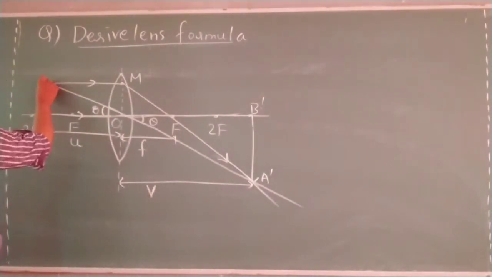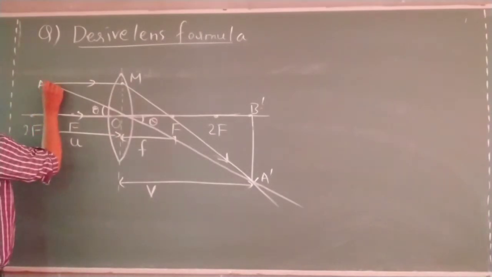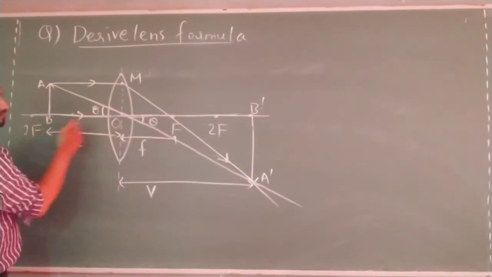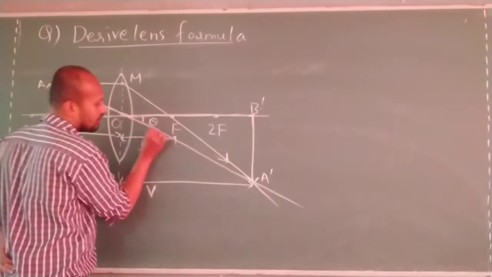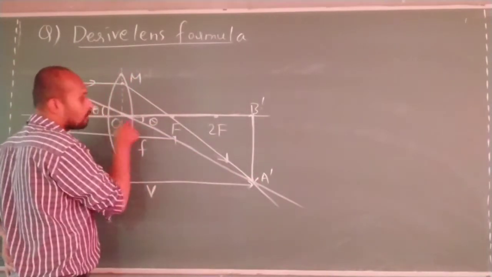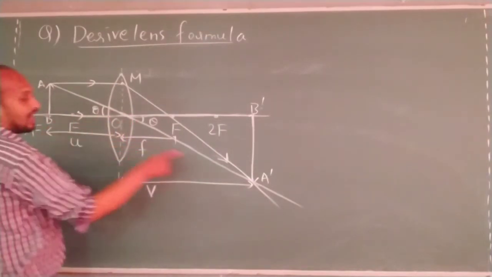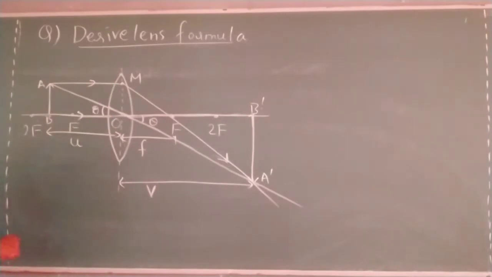Now see here how to approach. If you see this triangle AOB, and if you see this triangle A dash O B dash, triangle AOB, triangle A dash O B dash.